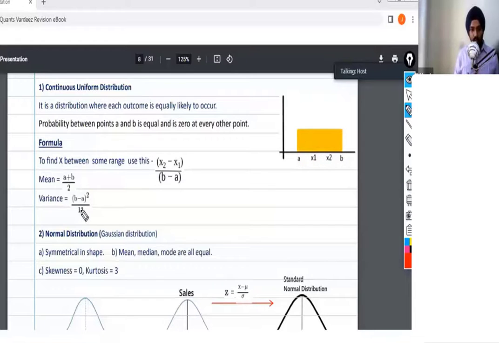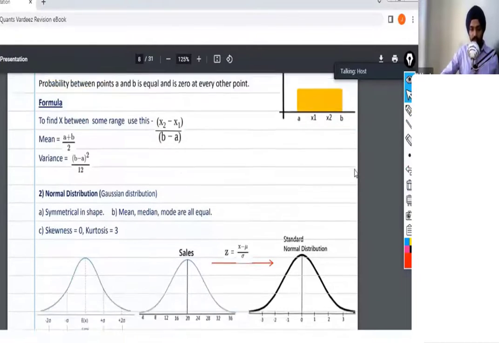What about the variance? Variance is b minus a, squared, divided by 12. Okay, the more important formula is this. This is something that you need to know for the exam. All right, so that's the continuous uniform distribution.